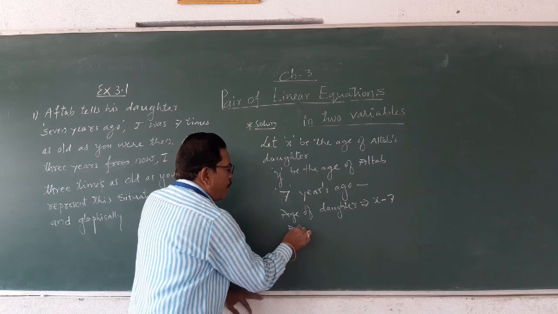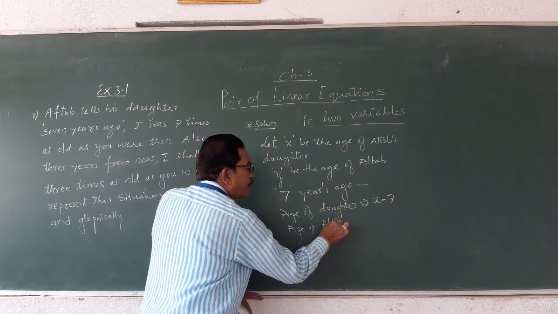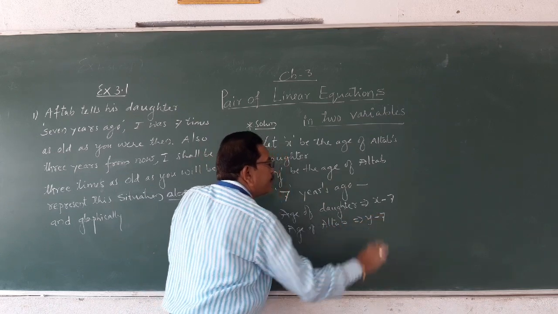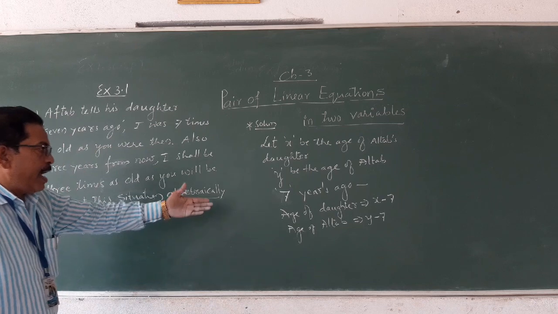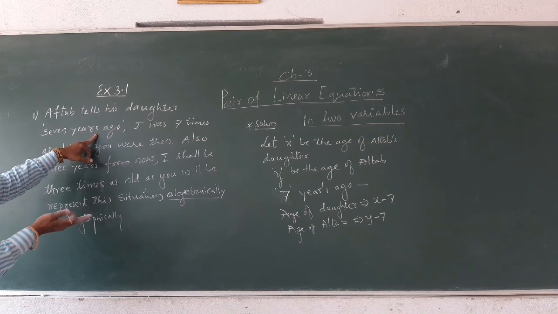Age of Aftab implies y minus 7. They have given 7 years ago. Ago means we have to subtract the years given. That is age of daughter x minus 7, age of Aftab y minus 7.